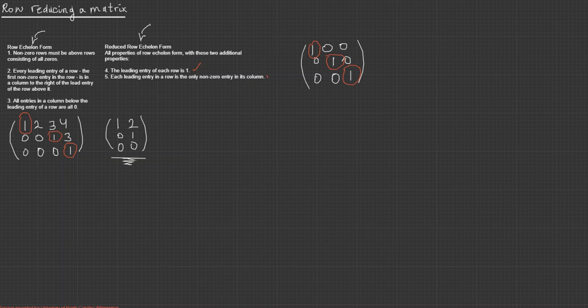So again, going back to this matrix, we can see that property 5 is satisfied. But for these other 2 matrices, this property is not satisfied. So these 2 are not in reduced row echelon form, but they are in row echelon form.